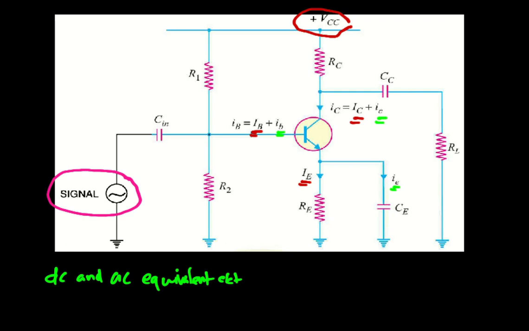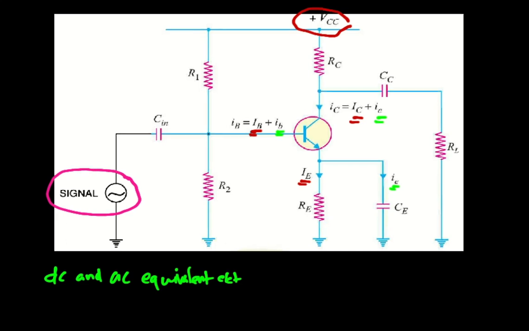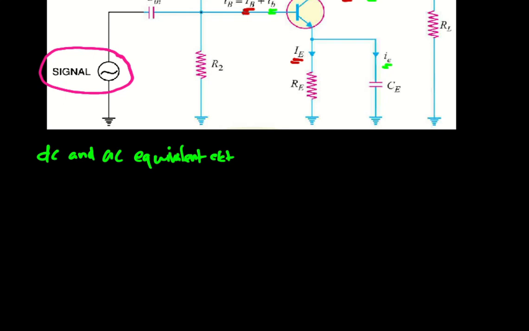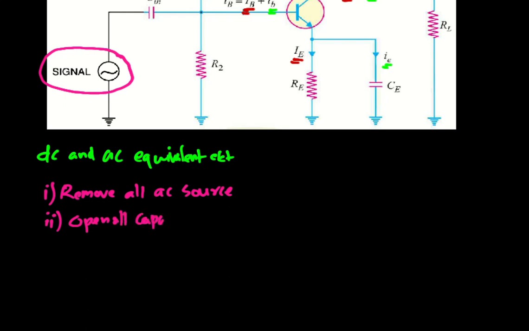So the two things we have to do: first, remove all AC sources in the circuit. Second, since the capacitor does not pass DC, open up all capacitors.